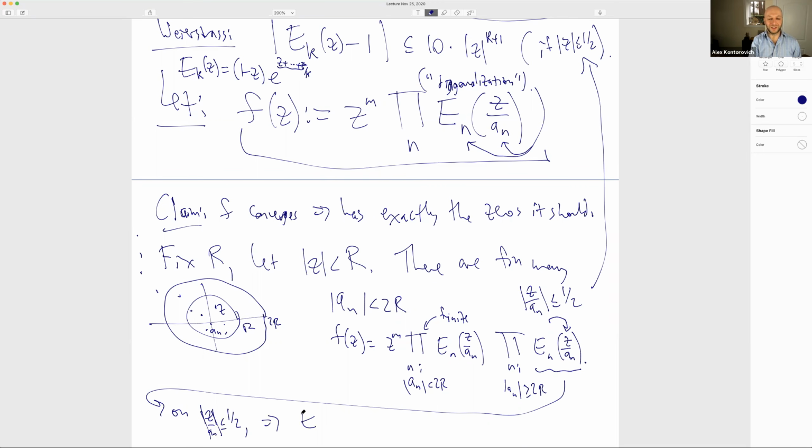The bound that I have is that |E_n(z/a_n) - 1| is less than 10 |z|^(k+1), so this is |z/a_n|^(n+1). But |z/a_n| is at most 1/2, so it is at most 10 times 1 over 2 to the n+1.